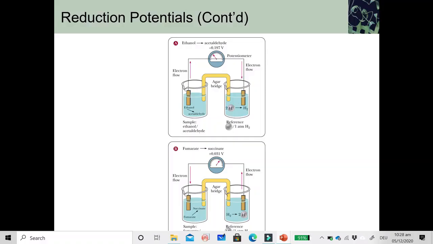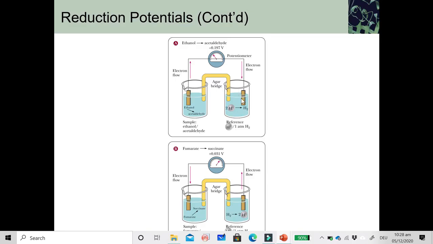Now, this effectively means that the ethanol is preferentially oxidized into acetaldehyde, and not the other way around, not acetaldehyde being reduced into ethanol, when it is coupled with the reference hydrogen ion/hydrogen gas electrode, which has a 0 reduction potential. In this case, then the hydrogen ion/hydrogen gas acts as the cathode, right?